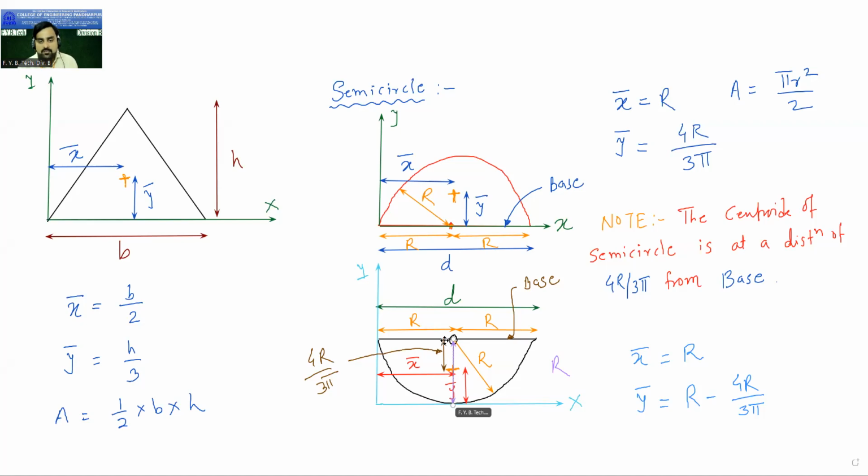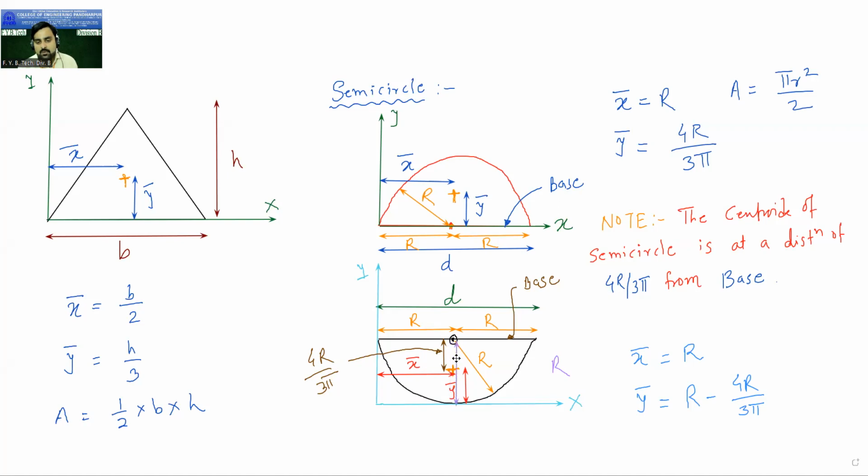The distance we already know because the standard formula says that the centroid of the semicircle is at a distance of 4r upon 3 pi from the base. So this is my base. So from this total radius, if I subtract this 4r by 3 pi, I will get this y bar, the distance of the centroid from the x-axis. That is my y bar.